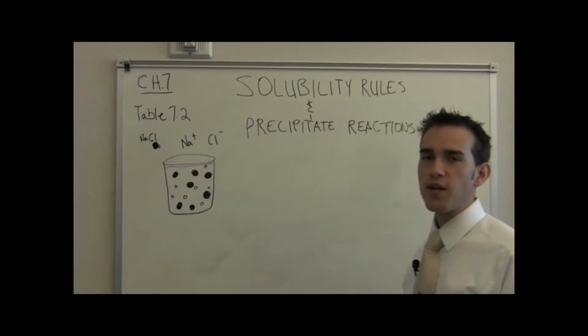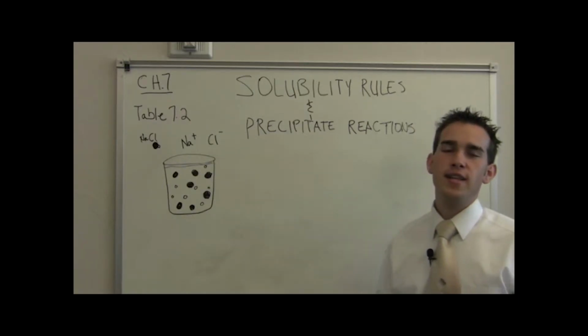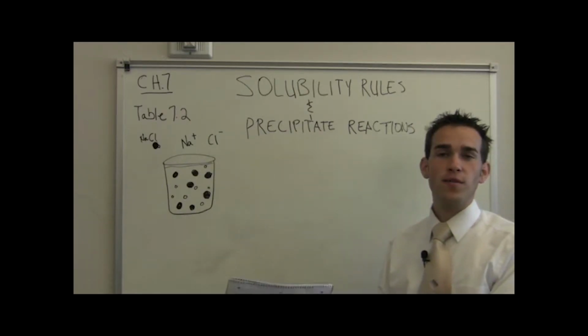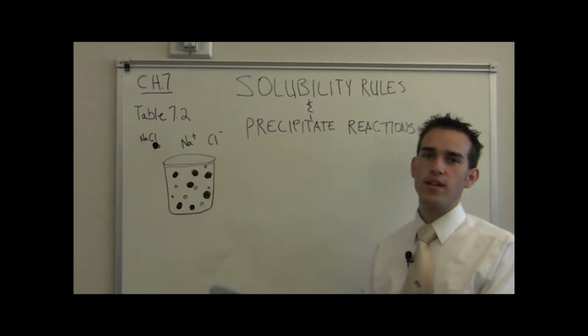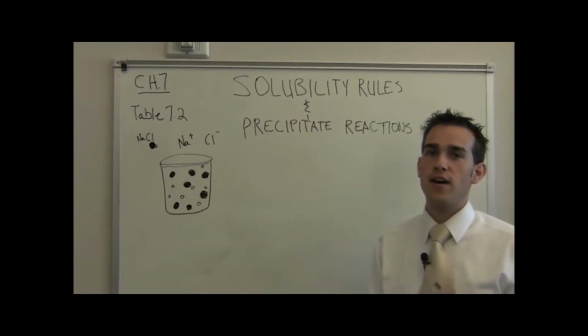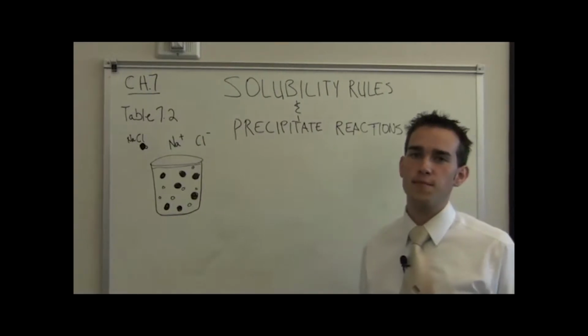So it's important to know the solubility rules so well that when you see a compound, you could say, oh, when that's in water, that's going to dissociate, or, oh, that's not going to dissociate, that's insoluble.